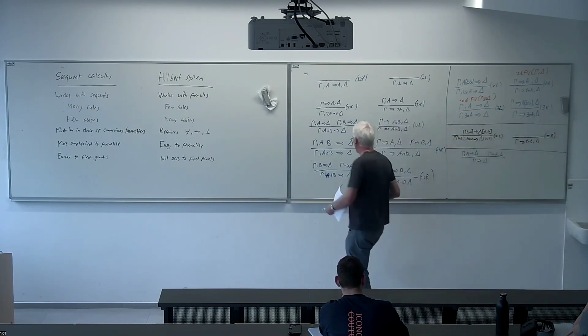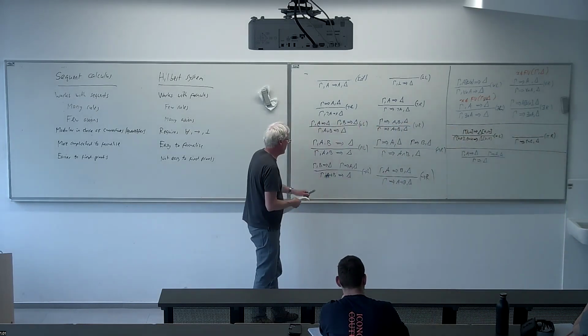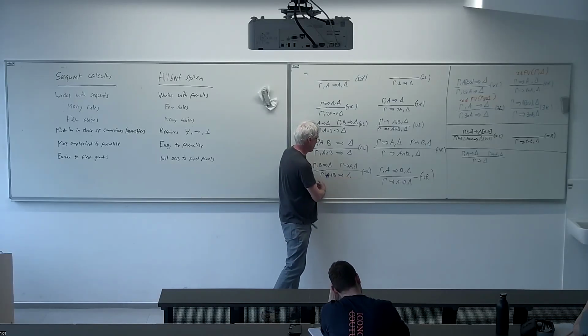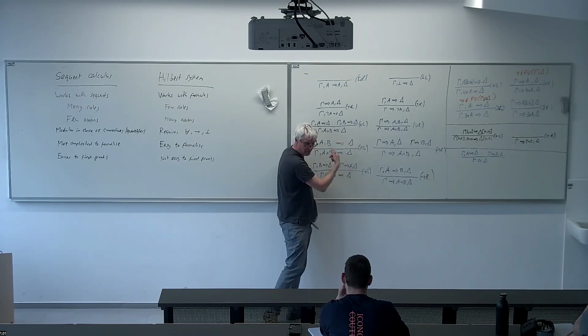Now, the cut rule gives you much more flexibility in how you find proofs, because so far, if we're working with a goal sequent that we're trying to prove, we need to work with the formulas we have in the sequent and find one of these rules that matches them and apply that rule. It's very, as I said before, very disciplined.